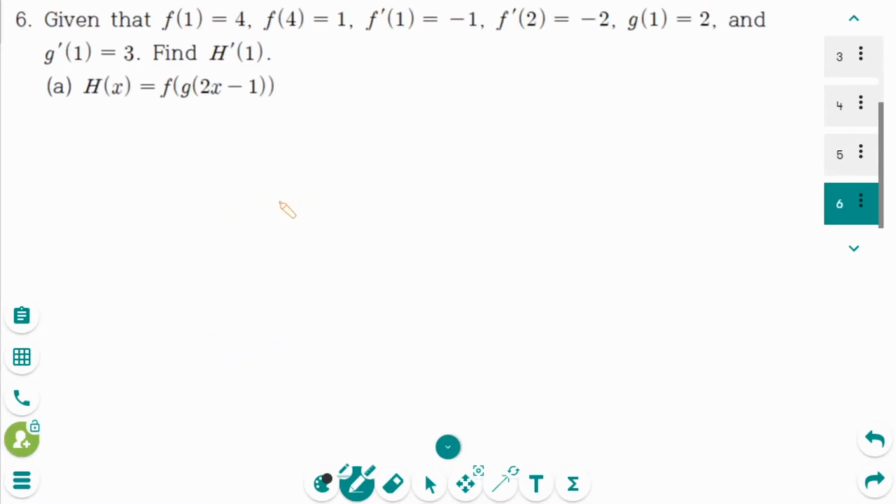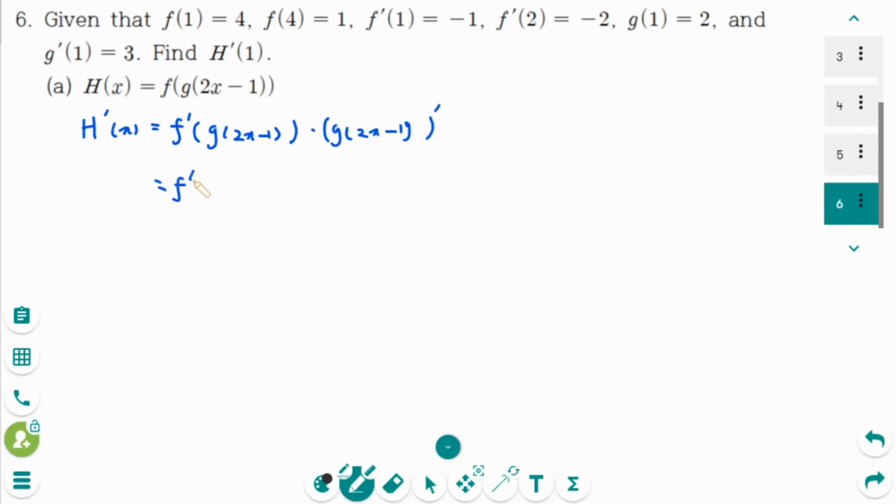This is the last question. h prime of x equals the derivative of the outer function, keep the inner function, times derivative of the inner function, g of 2x minus 1.